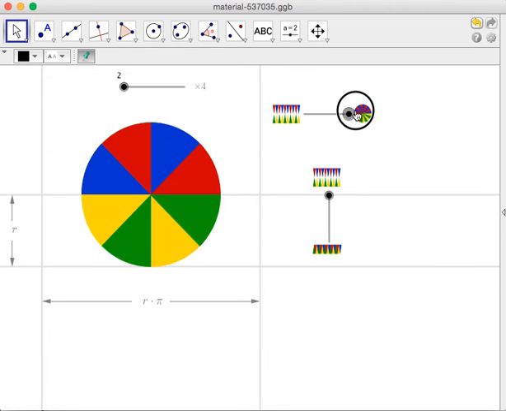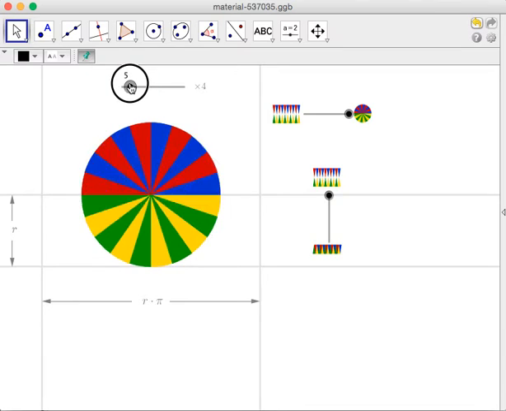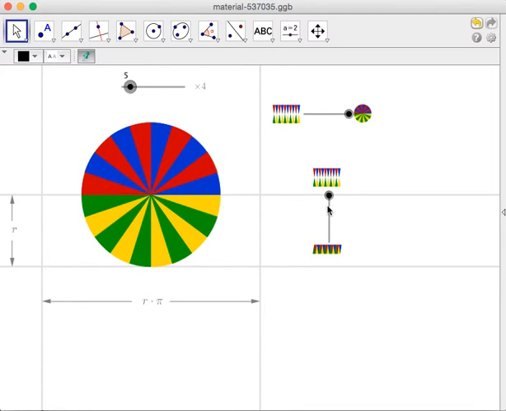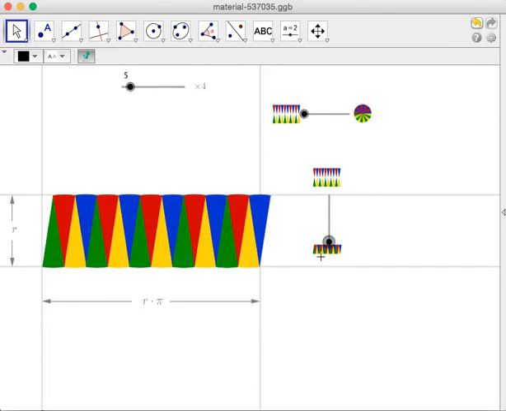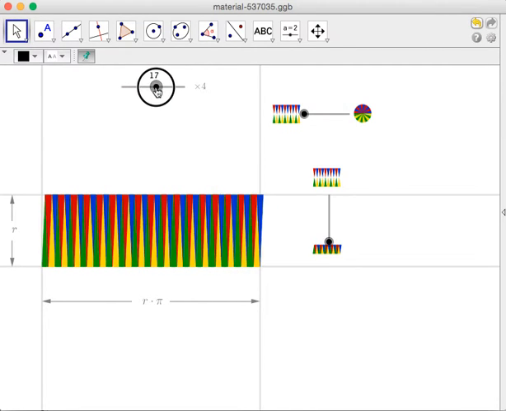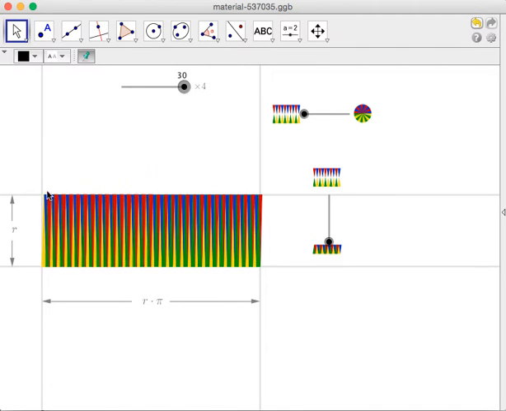However, pag in-increase natin yung number of parts, for example, ano na nangyari? Look what happens. Mukha na siyang parallelogram. And as we increase in as many ways as you can, in fact, mukha na nga siyang rectangle.